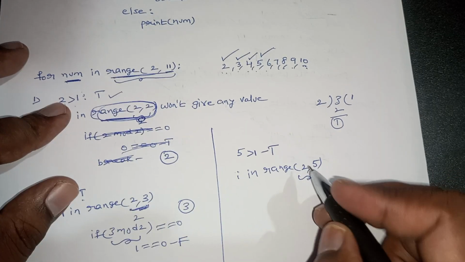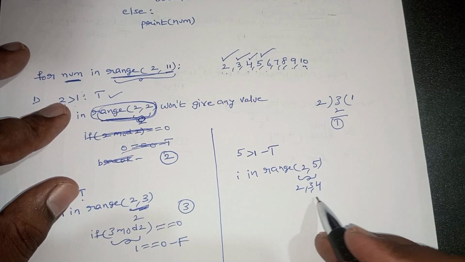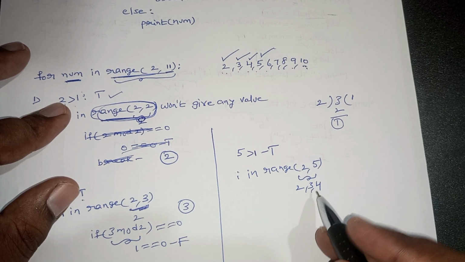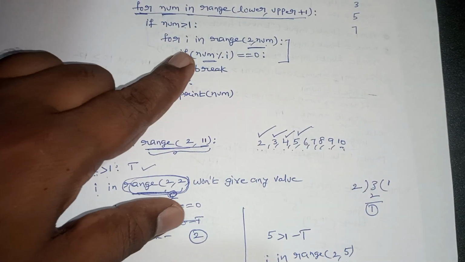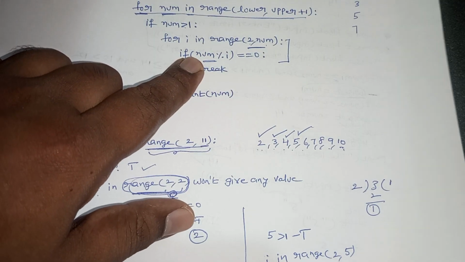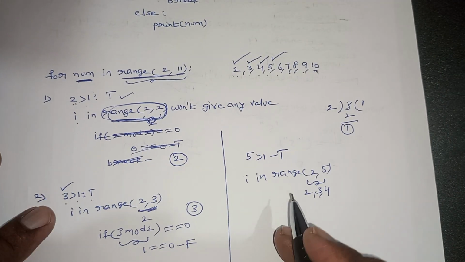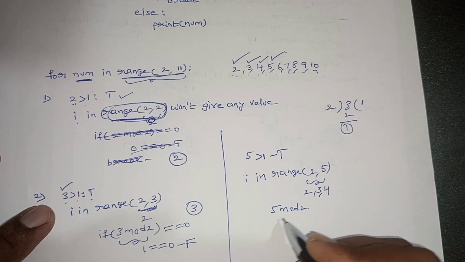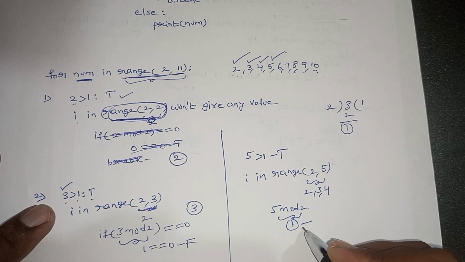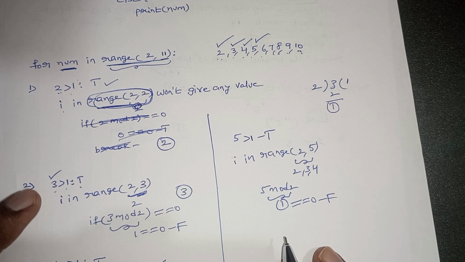What will be the values here? 2, 3, 4. So you take 5 minus 1. Then you have to check the condition, I will take for 1. Num, 5 modulus 2. What is the remainder? 2 twos are 4, 1 is the remainder. 1 equal to 0, condition false. Okay, next what do I have to take?